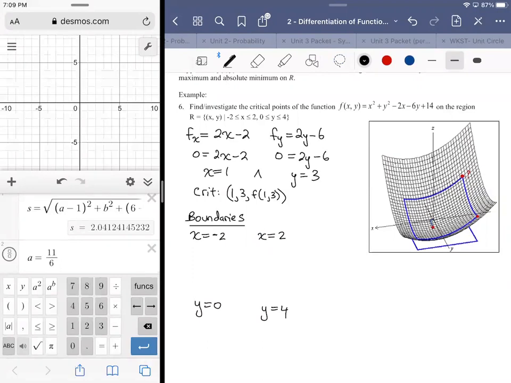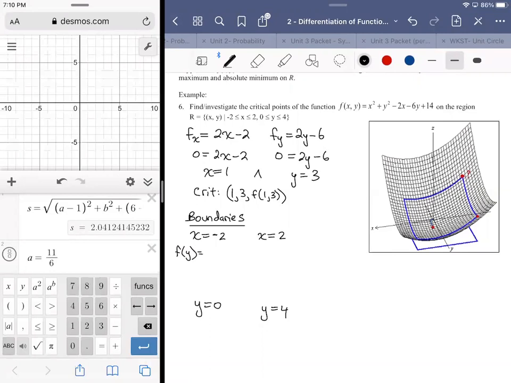All right. So what we do is we redefine the function. Instead of being a function of two variables, we're holding one of the variables constant at whatever the boundary value is. In this case, -2, +2 with 0 and 4. So if I replace x with a -2, I'm going to get a function of y.